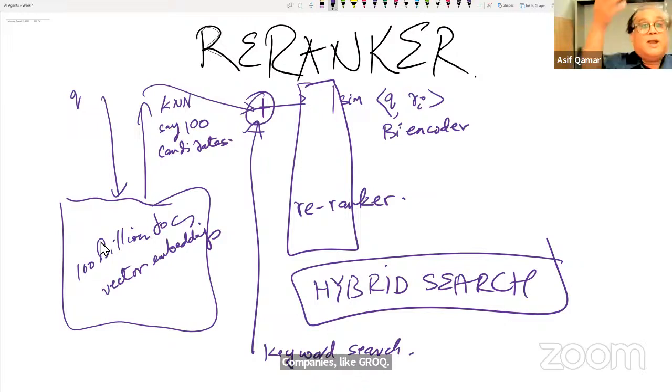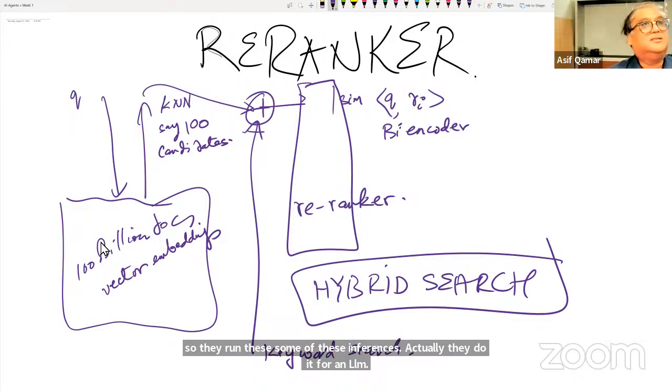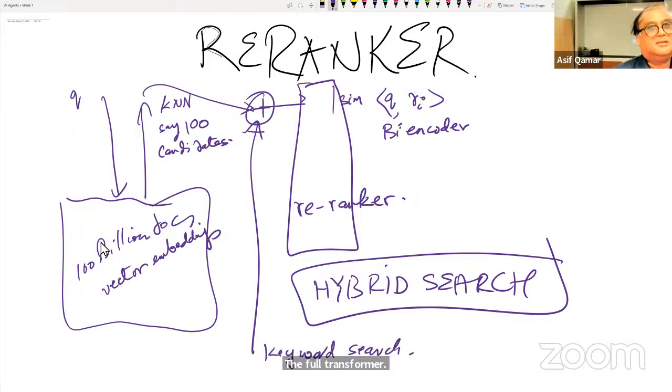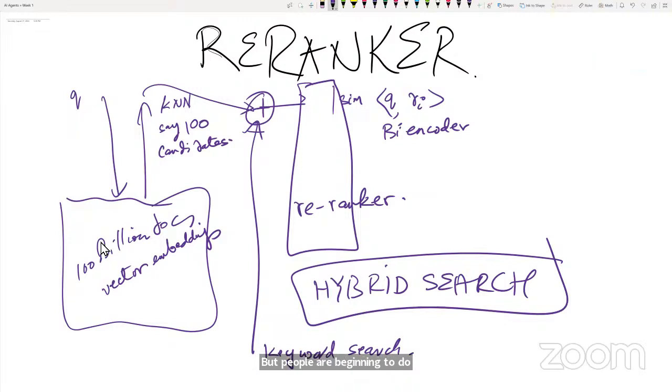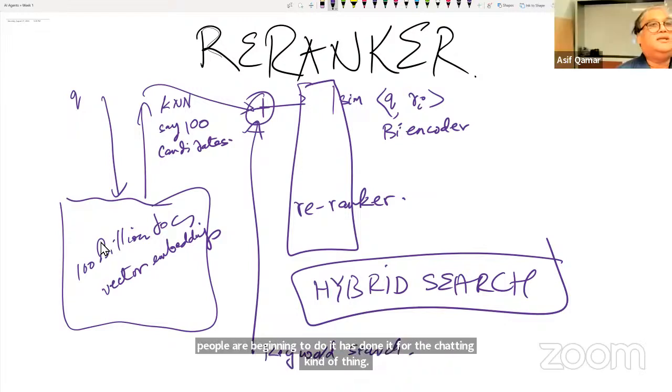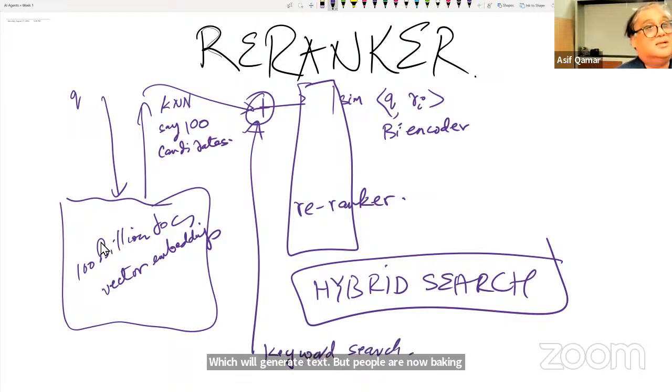They have boiled the transformer inference part of it into the silicon. They baked it into the silicon, right? And so they run some of these inferences. Actually, they do it for an LLM, the full transformer, the chatting kind of thing. Groq has done it for the chatting kind of thing, which will generate text. But people are now baking in transformer down to the silicon.